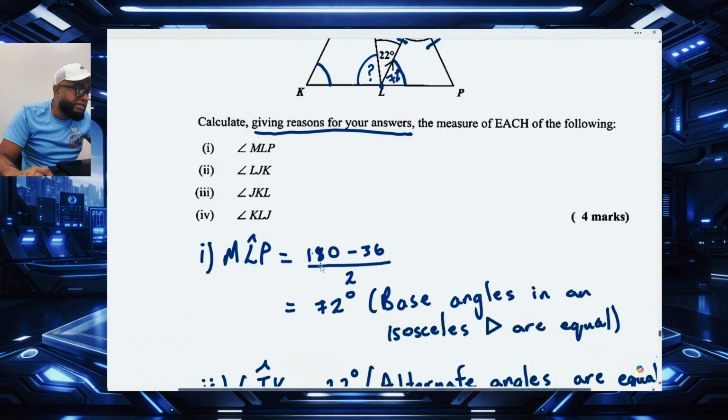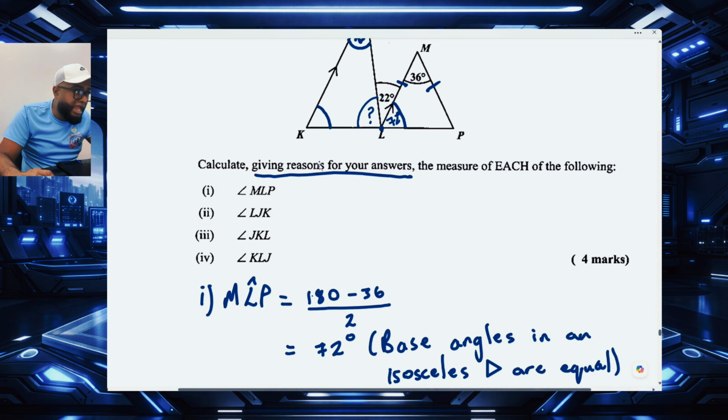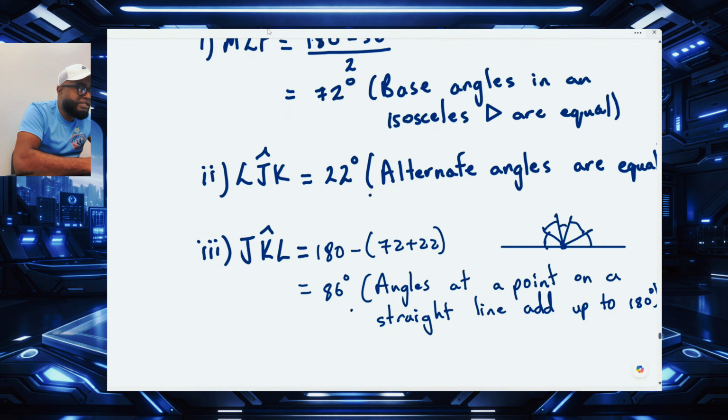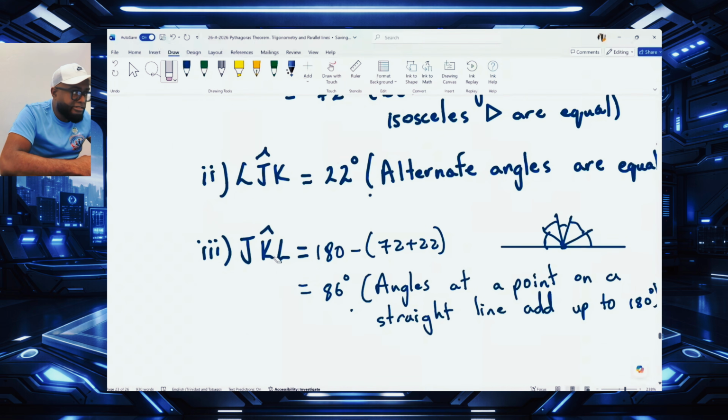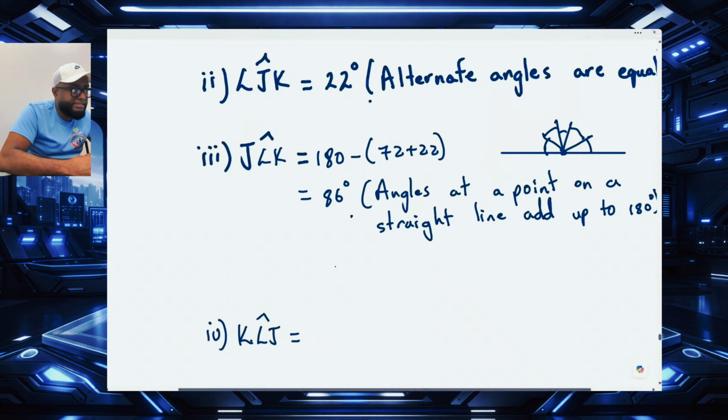What we found here was JLK, right? JLK is equal to 86, right? So this is J to L to K, which is the last part I don't understand. J to L to K is equal to 86. So therefore, how I was going to find my JKL, right?